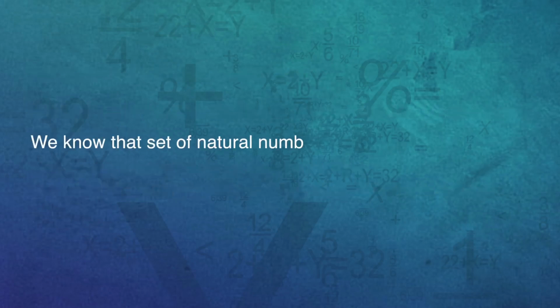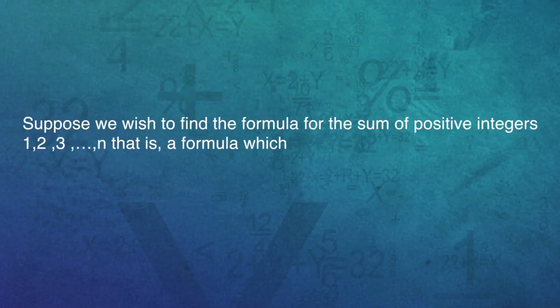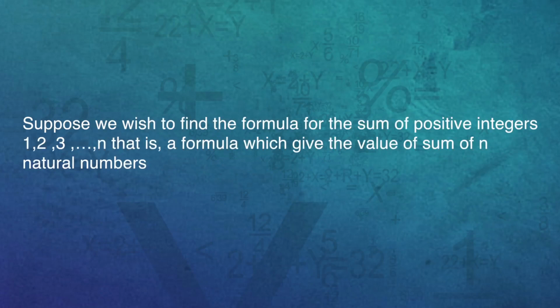We know that the set of natural numbers, which is a subset of real numbers, holds the ordered property. Suppose we wish to find the formula for the sum of positive integers 1, 2, 3, etc. up to n, that is, a formula which gives the value of the sum of n natural numbers.